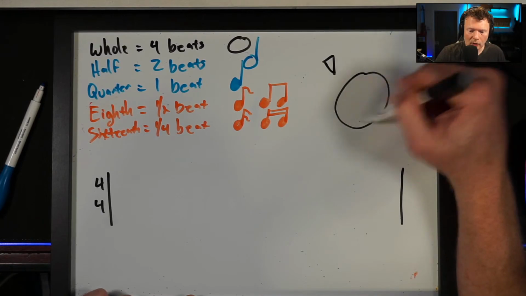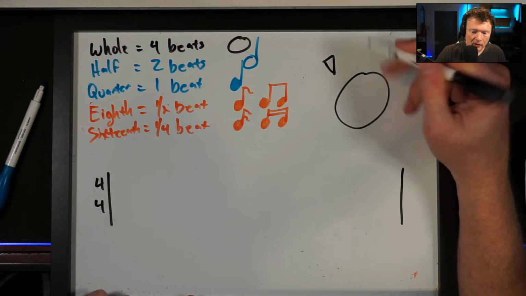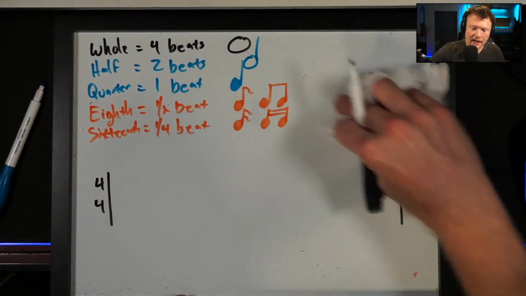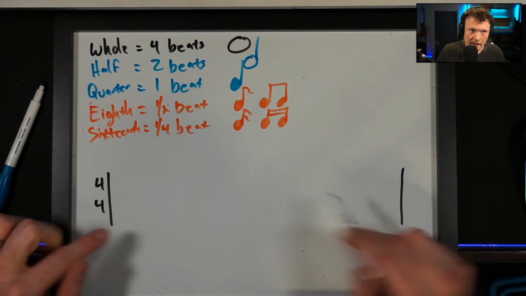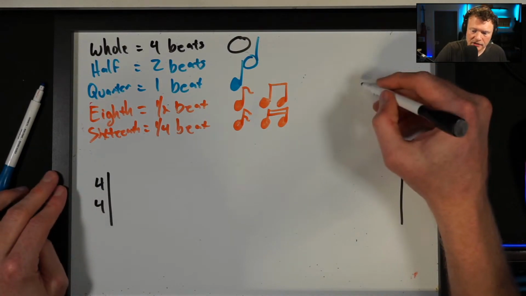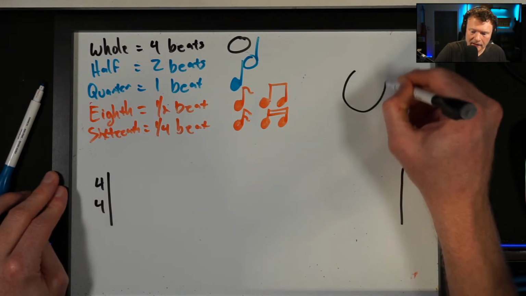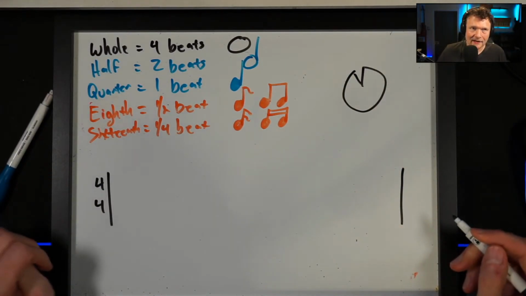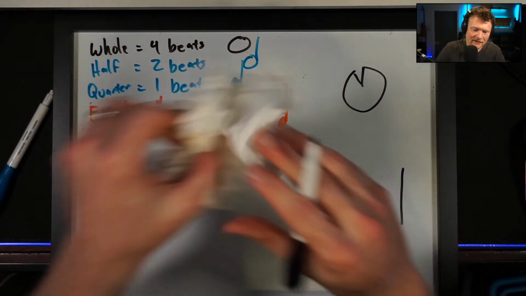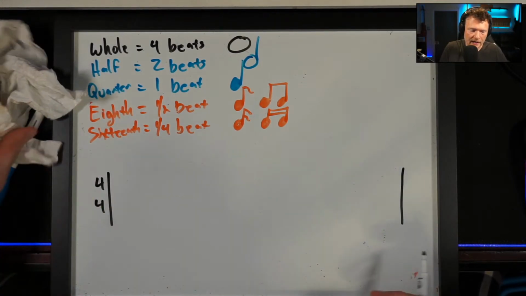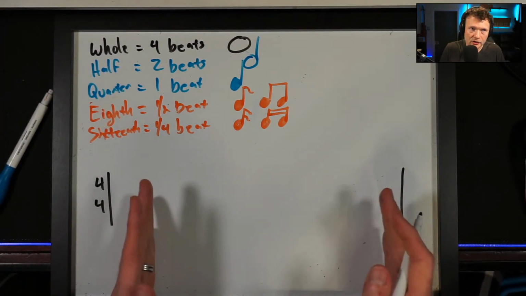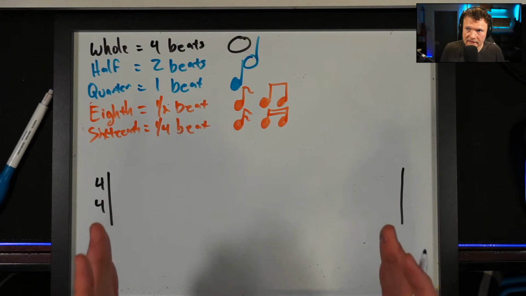This is already whole. Also, in the same way, you cannot have a measure that is not whole. It has to have the right number of beats. So you cannot have a measure like this, where it's missing a 16th note or whatever the case is. So it's super important to fill that whole thing up. You got to fill the whole measure up. It always has to be filled up.